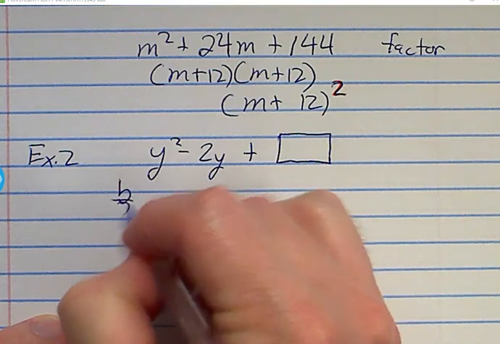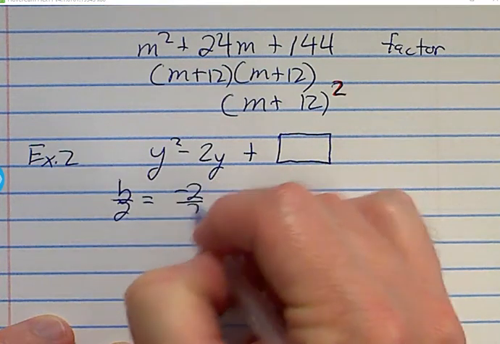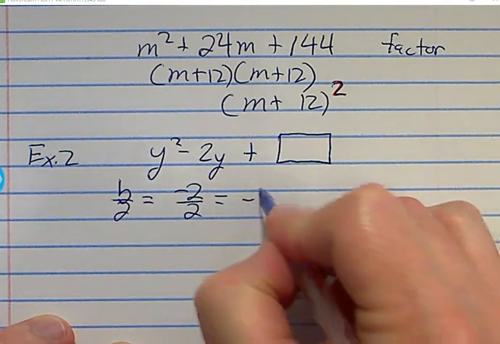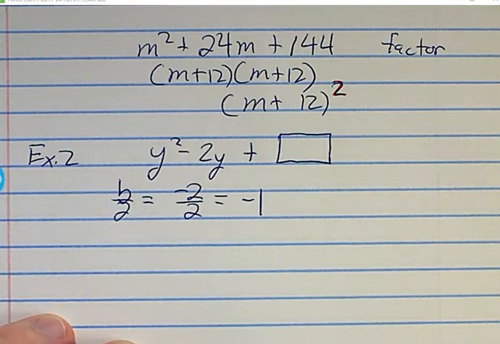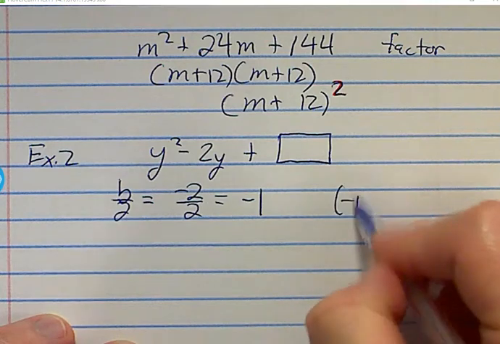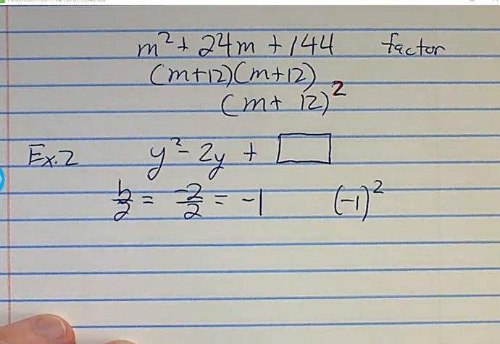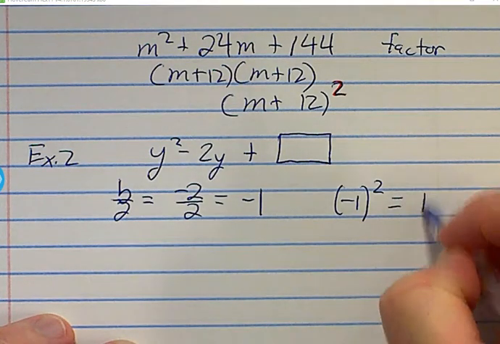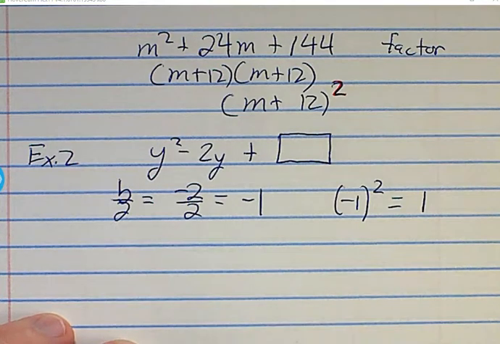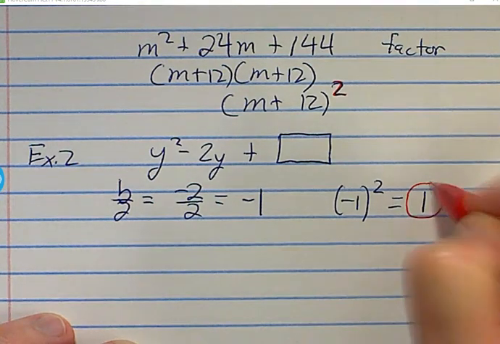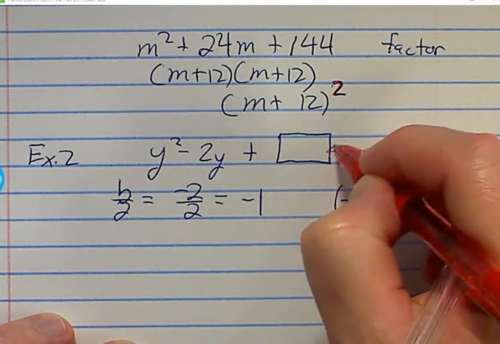So if we do b divided by 2, that's negative 2 divided by 2, which is negative 1. And again, once you've got this number, now you're going to square that number. Make sure you use the negative both times. It's negative 1 squared. So negative 1 times negative 1 would be a positive 1. So that would be the number we would have to go back and put in the box right there.